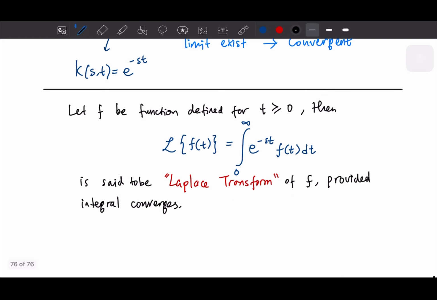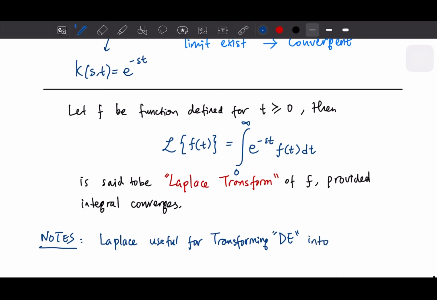So let me write some notes before we give some proofs and more examples. Notes for the Laplace: Laplace will be useful for transforming differential equations into algebraic expressions.